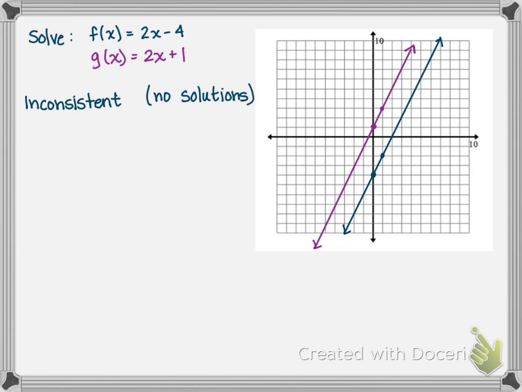Is it dependent or independent? Independent. It's independent, right? And in fact, it's impossible to have an inconsistent system which is dependent, because remember that dependent means they're the same line. And if they're the same line, then you can't have no solutions, right? I don't usually even say that they're independent as well, but my math lab makes you check both boxes.